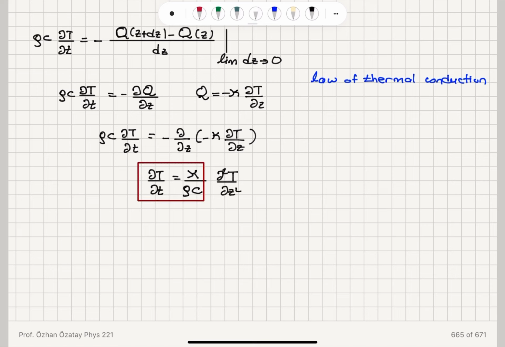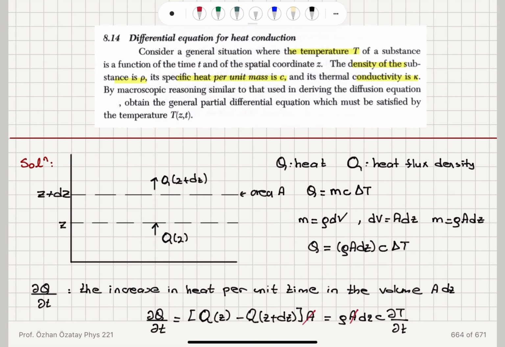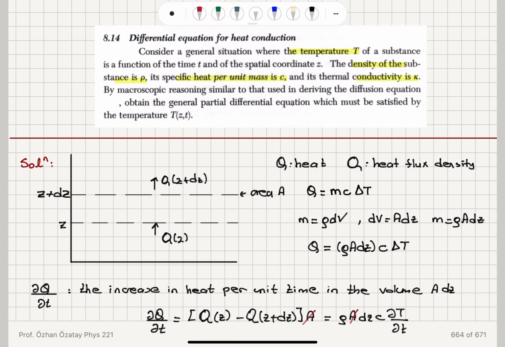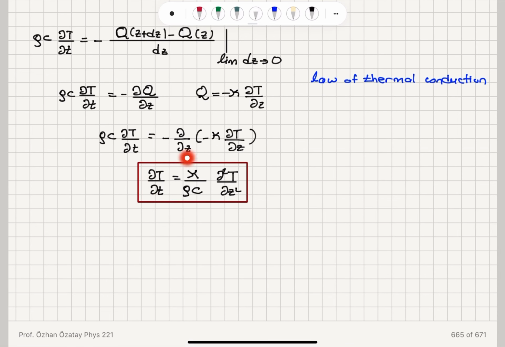So this is the differential equation for heat conduction, which is similar to the diffusion equation. So we have used the same situation. So we can say that this is like the heat diffusion equation.